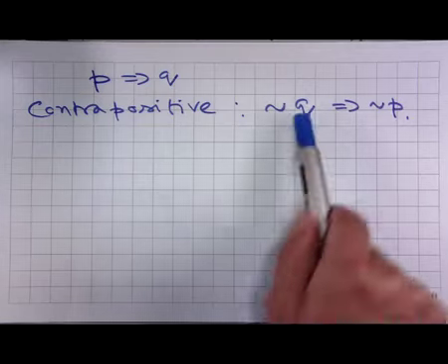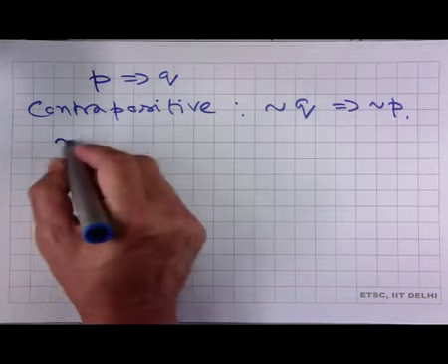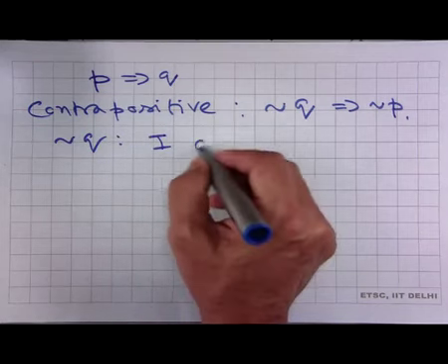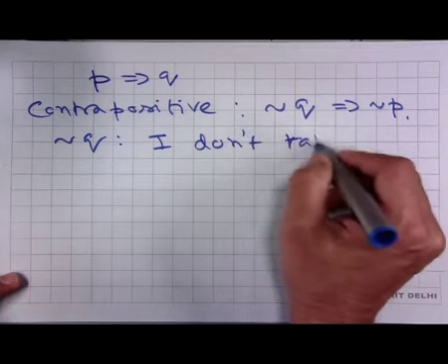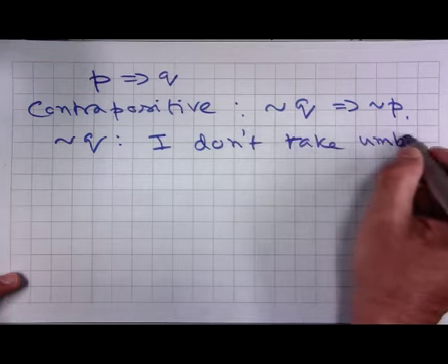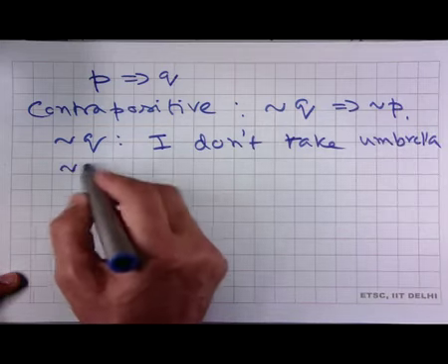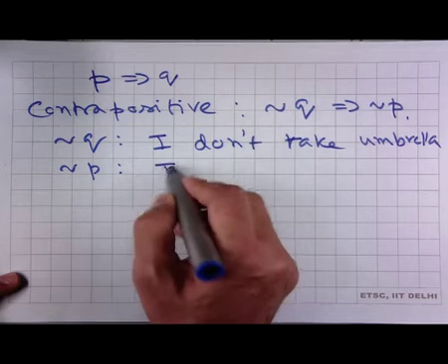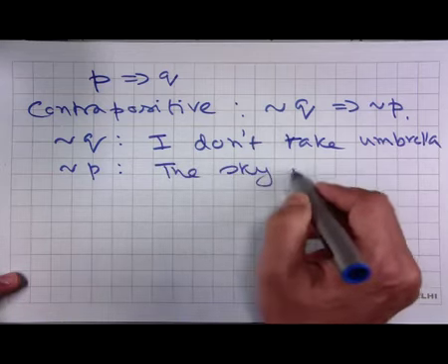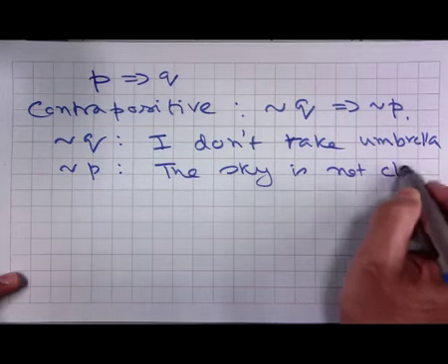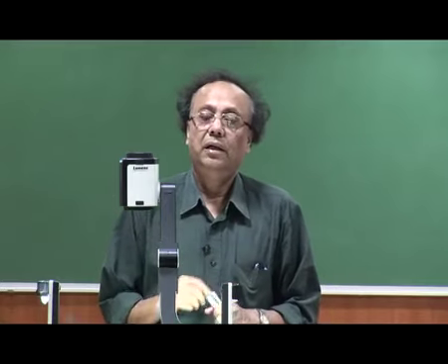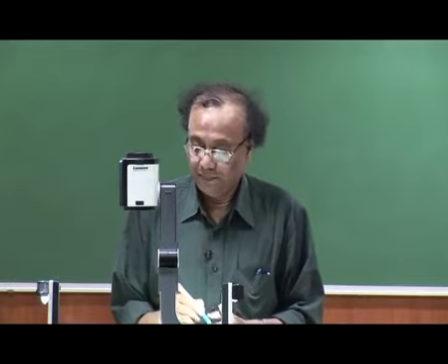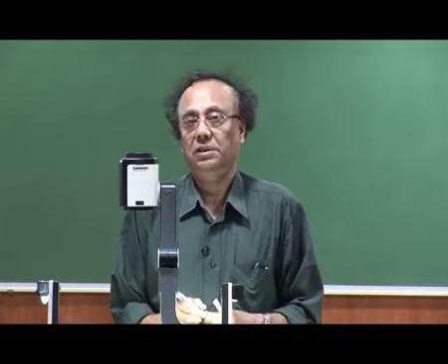Therefore, what is not Q? Not Q is that I don't take an umbrella, and not P means the sky is not cloudy. Therefore, if I am not carrying an umbrella, it is clear that the sky is not cloudy.